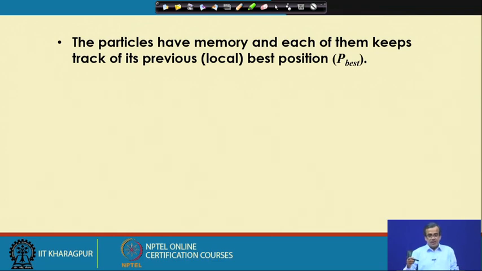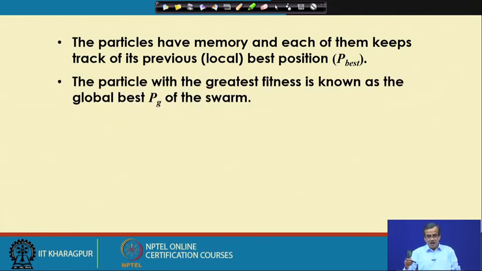So, we try to find out the P best, and we also find out the G best. How to find out this P best and G best, we will be discussing in much more detail with the help of one numerical example. But before that, suppose that in one swarm a few particles are there. We consider their positions, initially selected at random, and we compare their objective function values.